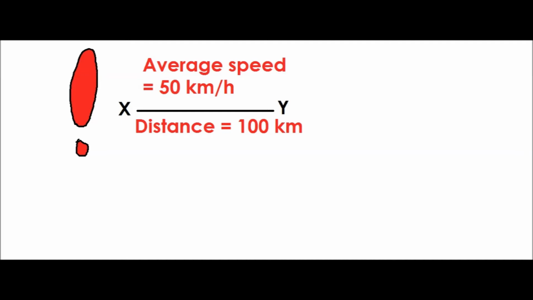You might get slower and faster and slower again and faster again. So this 50 km per hour is the average speed. But if your question is only about the time and there's no other information, you can just simply do distance divided by speed. 100 divided by 50, which is 2 hours.